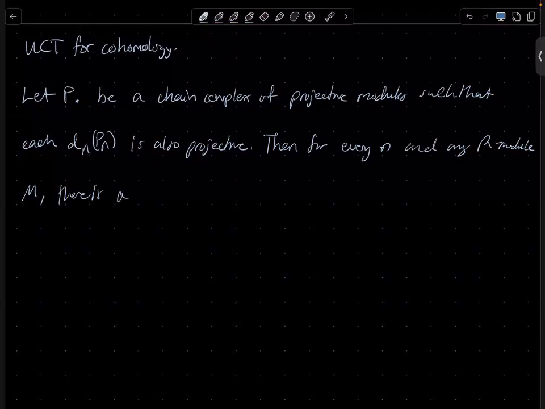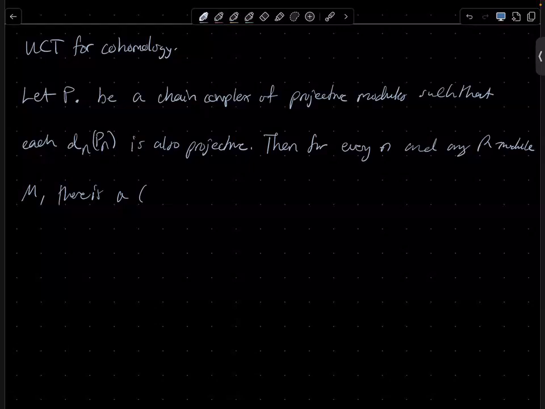The other adjective is that the short exact sequence I'm about to write down is split, but non-canonically. So there's some choice you have to make for the splitting to happen.